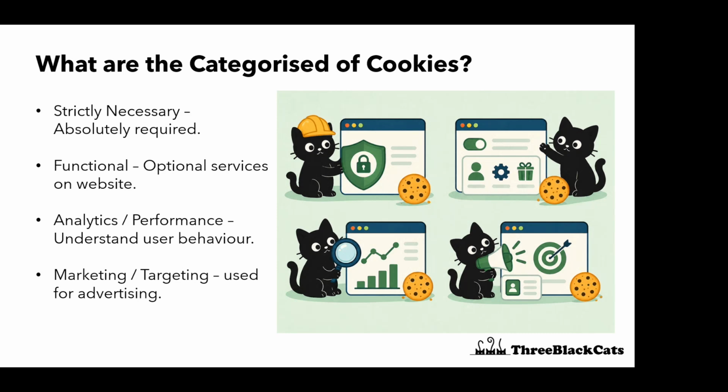If you have not purchased an enterprise license for Google Analytics, it will be a marketing or targeting cookie. The reason being, if you haven't purchased the enterprise license, Google are able to use the data about people who have clicked on your website, etc., for their own purposes, as they explicitly say, targeting, marketing, advertising to them on other channels. So it flips over from being solely for you into that targeting, marketing one.